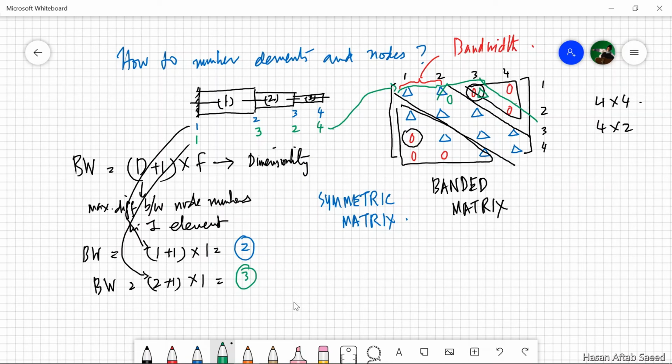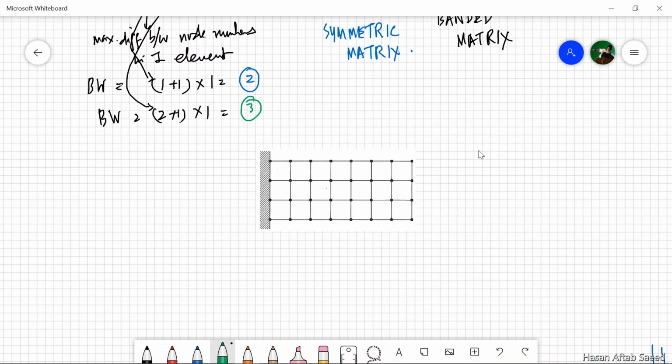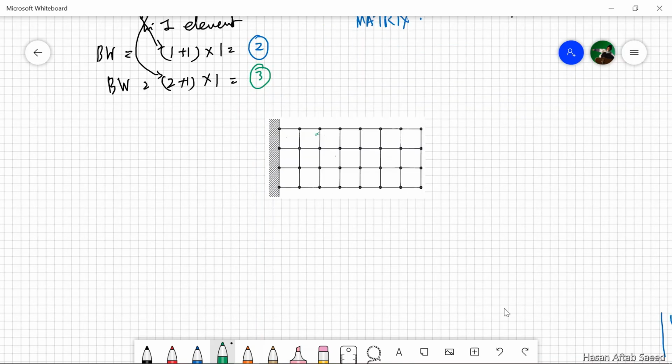But when it comes to 2D problems, for example this problem, let's say there's a beam, a plane stress problem. You can do it with area elements. The problem here is that this is not as intuitive as the 1D problem. For example, you could number these nodes as 1 2 3 4 5 6 7 8, come back here 9 10 11 12 13 14 15 16 17 and so on.